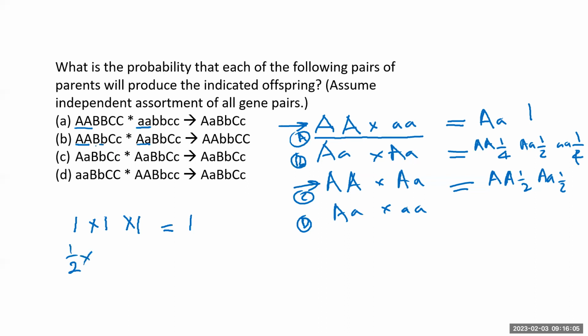And then heterozygous and heterozygous conditions. Heterozygous is this one. So getting this is one quarter, and then capital C, small c, capital C, capital C, small c, again this, right?